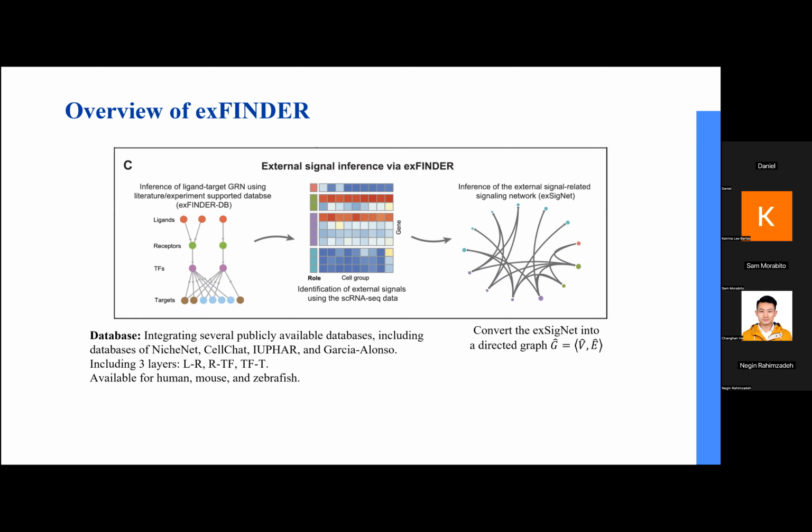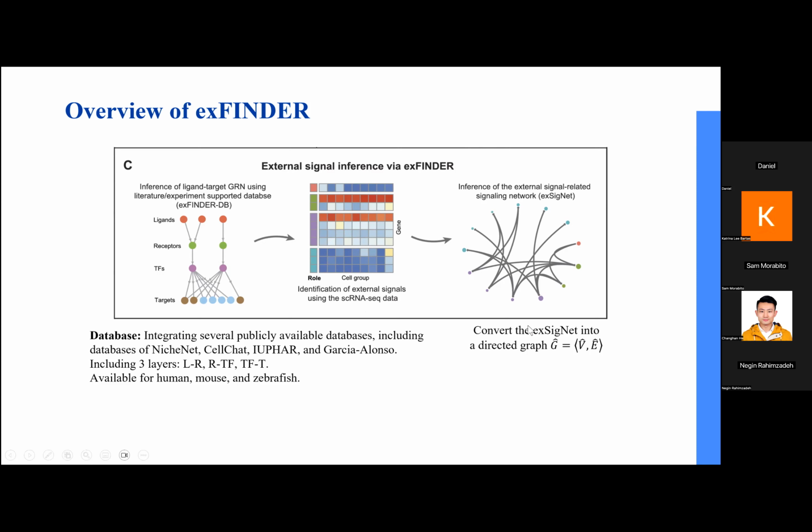If we did not find the ligand expressed in the measured cells, it might come from unmeasured cells or the external environment. Based on this heat map, we identify the external signals.